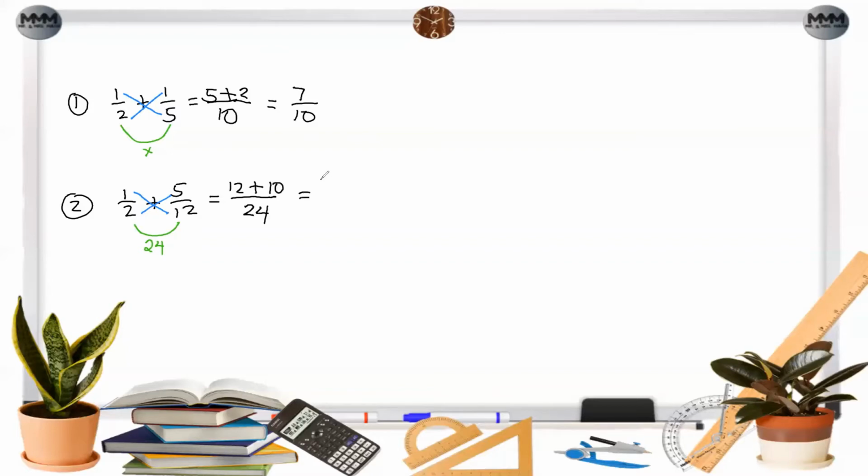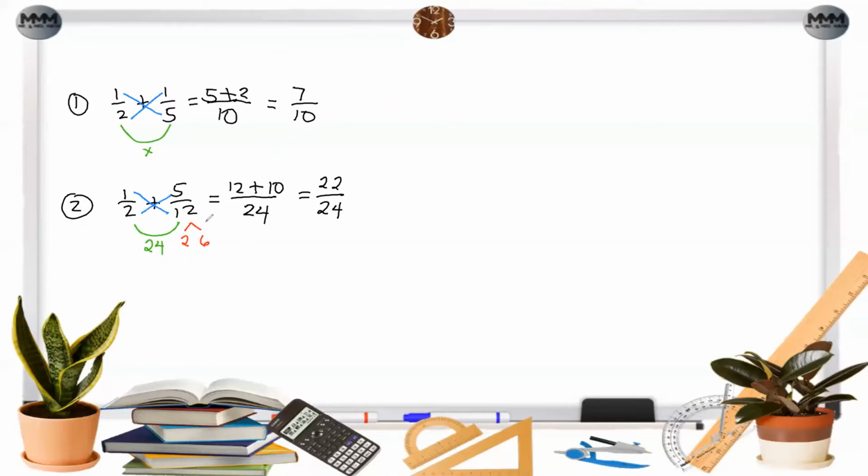So this is equal to 22/24. Now, notice here that our denominators are 2 and 12. And 12 can be factored as 2 and 6. Hence, 2 is common to both denominators. So, if that happens, it means that we are expecting that our answer is not in simplified form.